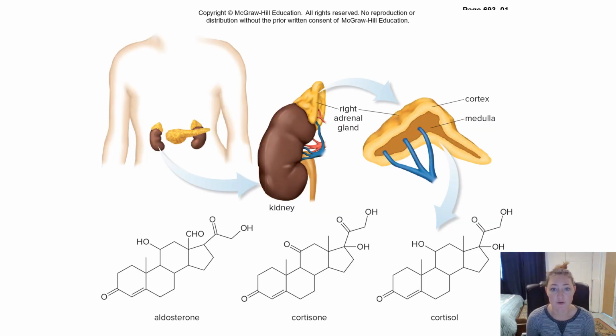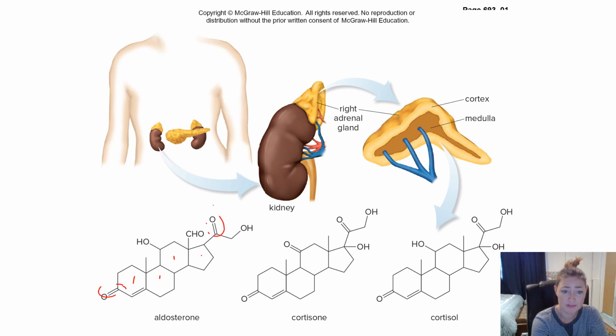And I just want to take a quick second and look at the structures of aldosterone, cortisone, and cortisol. So again, notice this basic ring structure. It's a four-fused ring structure. If I were to see this on a quiz, I would know that that's a steroid. That's at least the class of lipids I should be in. Aldosterone has these two ketone groups.